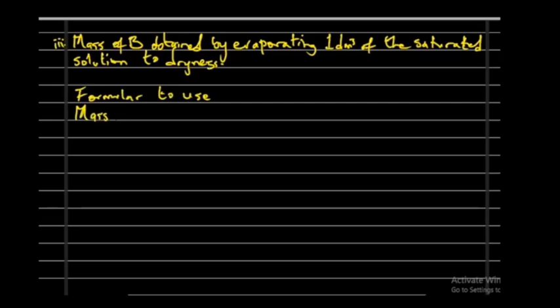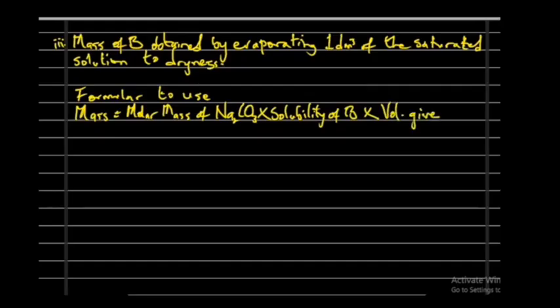We have mass equal to the molar mass of sodium trioxocarbonate multiplied by the solubility of B, and then multiplied by the volume given in dm cube.